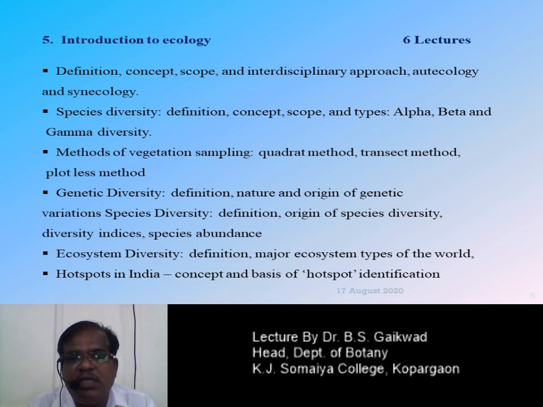Then particularly the hotspots of India: what is the concept of a hotspot, and which hotspots are there in India, particularly the Western Ghats of Maharashtra. In Maharashtra there are also certain hotspots. So the hotspots of India must be discussed in this chapter, and it is very important.